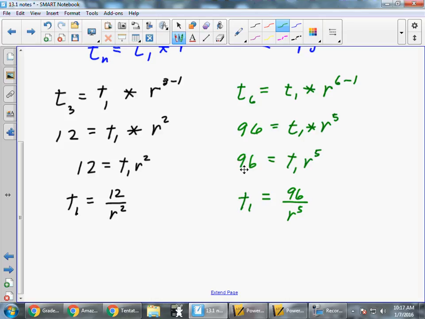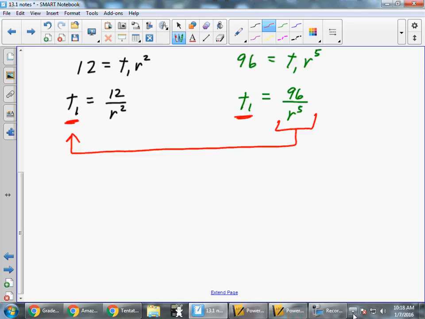So check this out. This is really interesting, everybody. Now, I have a T sub 1 here and I have a T sub 1 here. That means I could take this and substitute it for T sub 1. True? I mean, is 96 over r to the 5th equal to T sub 1? So that means anytime, anywhere on the whole planet that I see a T sub 1, I can put this in instead. Substitute it in.